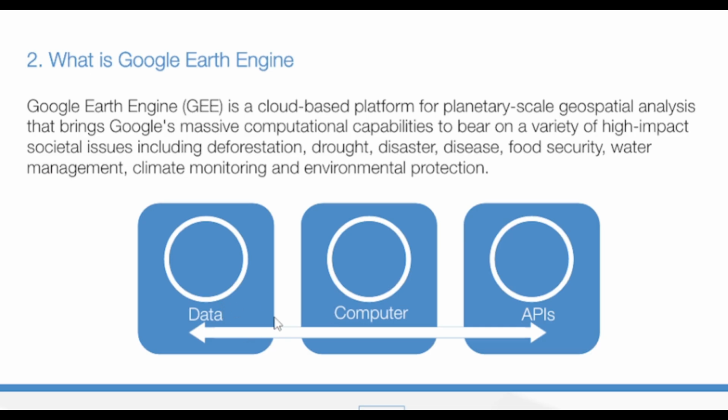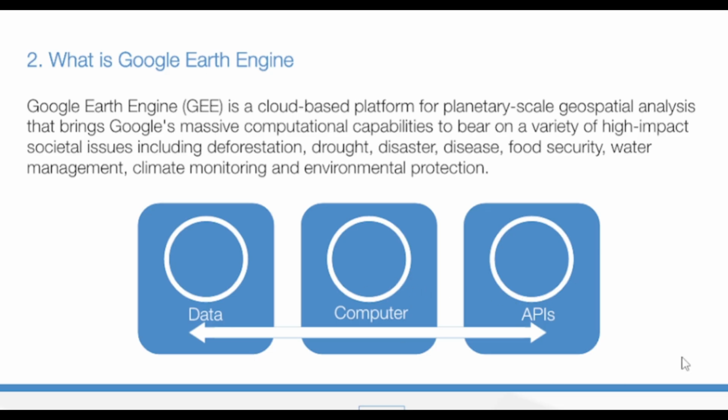As you see here, we have data in the Google platform, and you use this data in the form of computation by using your computer, and there is the application programming interface. Those are JavaScript and Python.